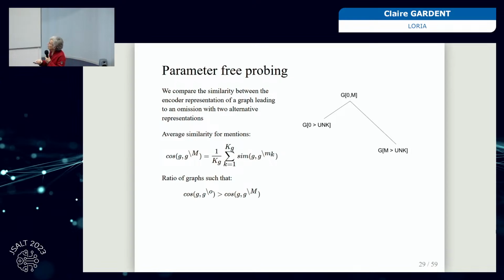There are multiple mentions in a graph, so we compute the average similarity between the graph and the graph where you've removed a mention, and do the same thing for the omission. Then we compute the ratio of graphs such that the similarity between the graph and the graph where you've removed the omission is greater than the similarity between the graph and the graph where you replaced a mention.